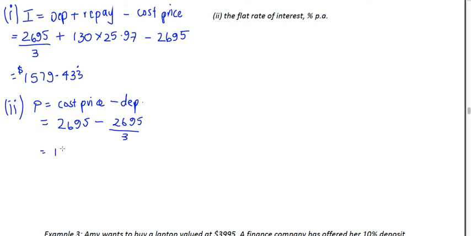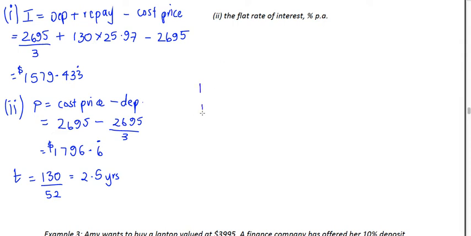And we're left with 1796.666, etc. You can put a dot above to show that it's recurring, that number 6 is recurring. The reason I'm doing that is I'm not going to round off here and then use the rounded answer because then I lose accuracy. So we use the unrounded answer in our calculations. And on your calculator, you can just highlight it and press enter, and it will copy it down into your workings, into your calculator. So time, well, we've got 130 weeks. If we want that in years, that's 130 divided by 52 weeks in a year, and that is 2.5.